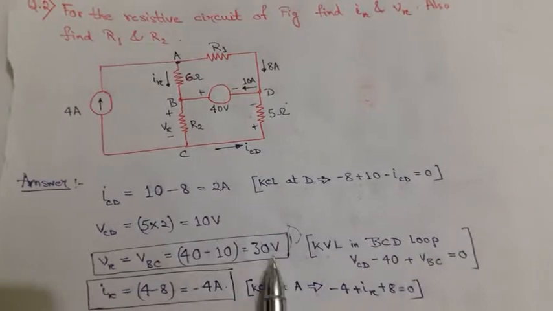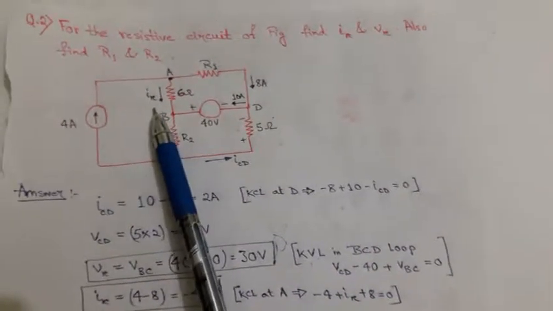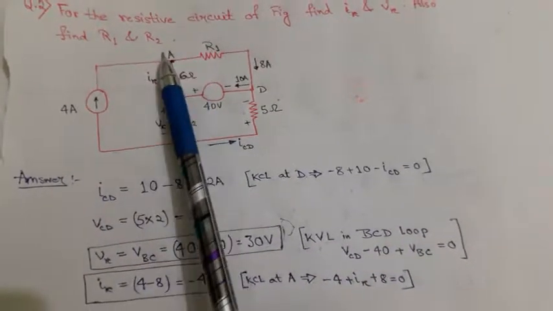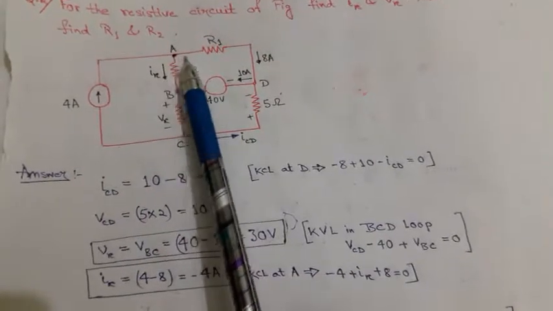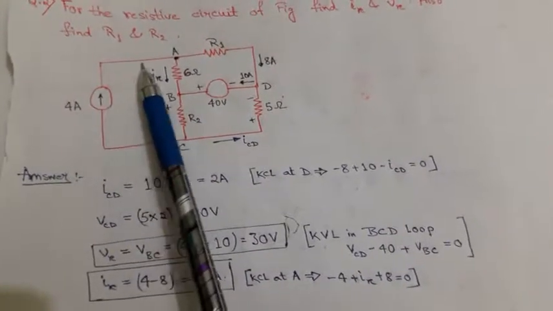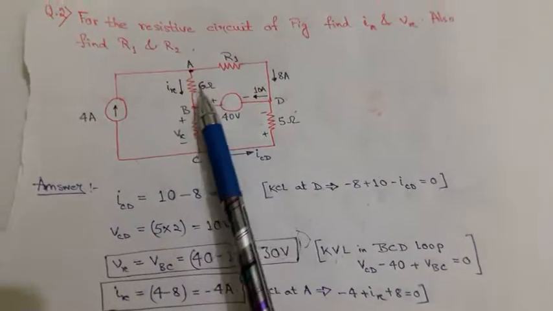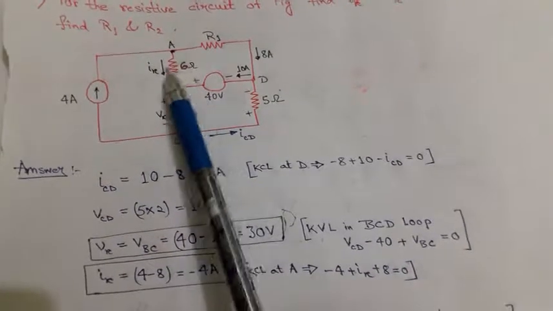Now I want to find this Ix. If I apply the KCL at point A, or node A, I can easily find that 4 ampere of current is entering the node and 8 ampere of current is leaving the node, and the remaining amount of current will be the Ix.